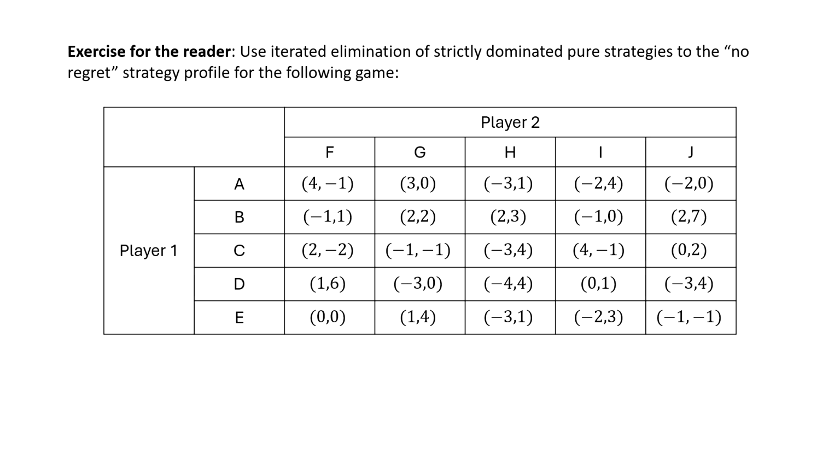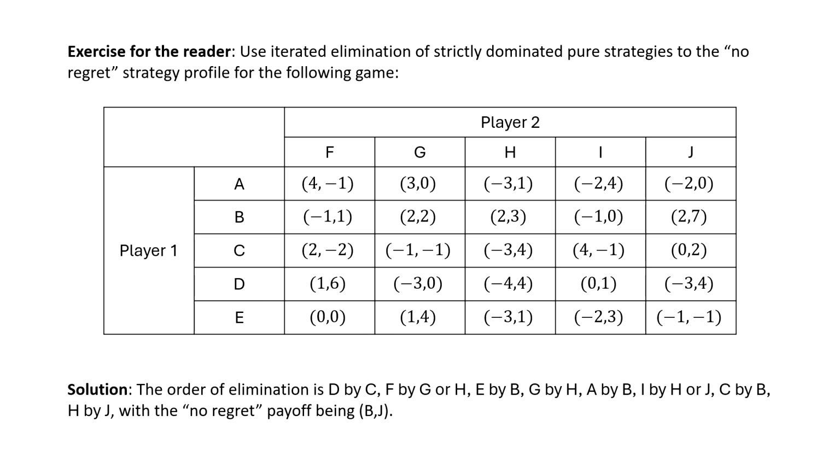So if you want to try this, I would suggest you pause here because I'm going to show you not the details, but a sketch of the solution. Okay, I'm going to show you the hint or the sketch of the solution here. Here it is. So D is eliminated by C, excuse me.